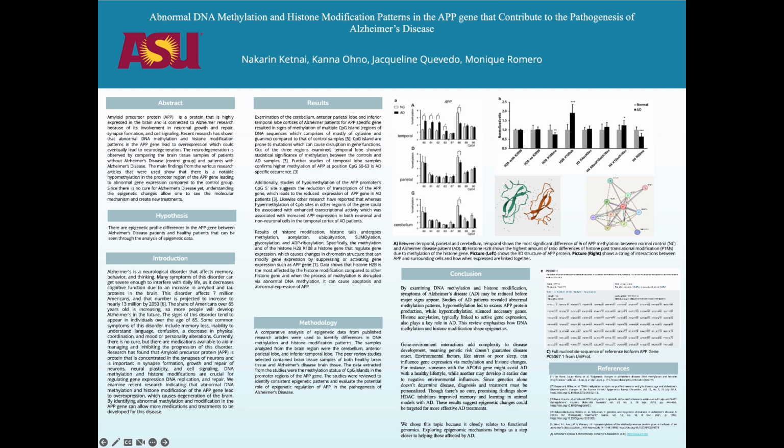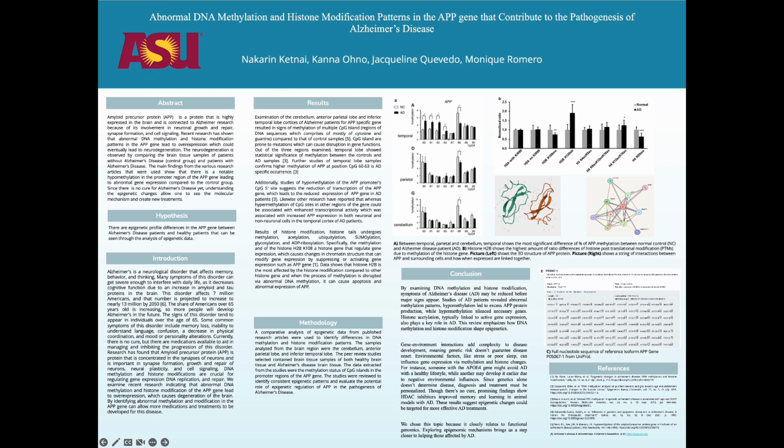Research has found that amyloid precursor protein, APP, is a protein that is concentrated in the synapses of neurons and is important to synapse formation, growth and repair of neurons, neural plasticity, and cell signaling. DNA methylation and histone modification are crucial for regulating gene expression, DNA replication, and repair.